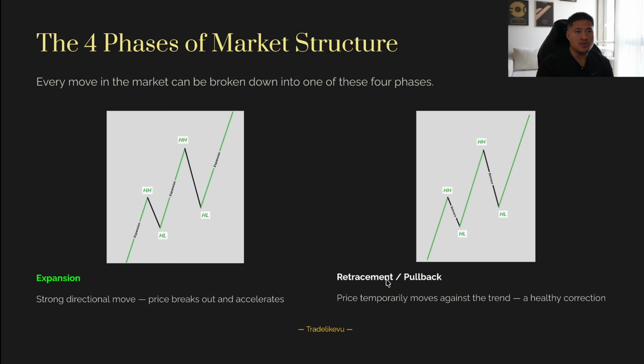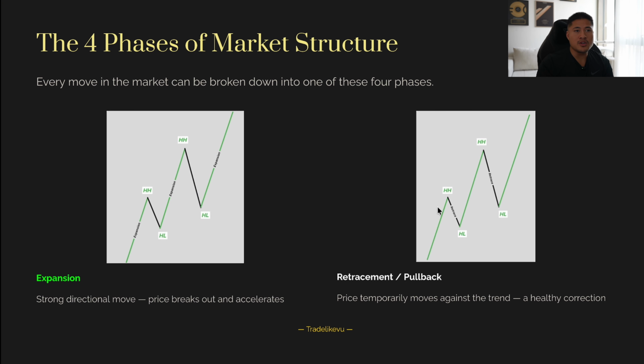So as I told you earlier, markets are not moving in one direction only, like it doesn't expand infinitely, right? So somewhere it has to do a retracement, okay? So price temporarily moves against the trend. That's called a healthy correction, okay? So it comes down, moves up, comes down, moves up, okay? So the black line is the retracement.